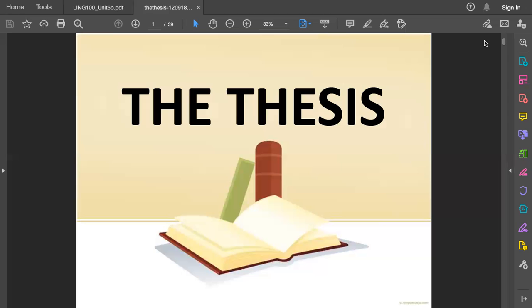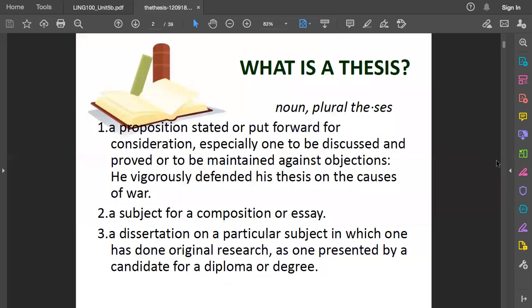Okay, so thesis, it is a proposition stated or put forward for consideration, especially one to be discussed and proved, to be maintained against objections. So it is vigorously defended, like the thesis on the cause of the war. It's something that is novel that you need to research on.